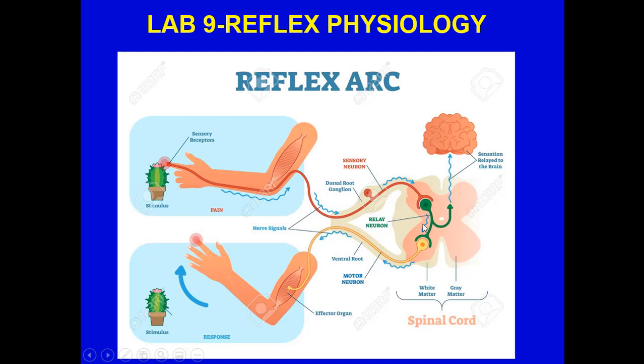Others are going to have a direct input to a neighboring motor neuron here. And this will pass out of the CNS down through the PNS and cause it to be innervated at, let's say, the biceps muscle, which would cause a response. They pull away from whatever it was that was painful.